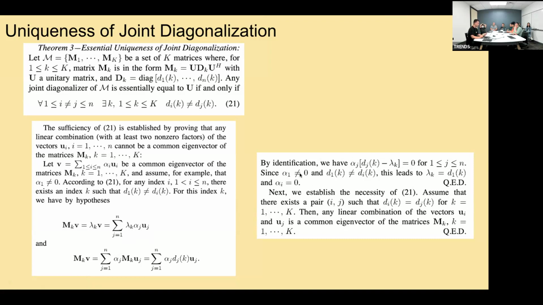They assume A1 does not equal 0, and because they said at least two non-zero factors here, and A1 is not 0, lambda K will equal D1K. So the difference between DJK and lambda K will be 0, which means they are the same. In this condition, this linear mixture will be 0, which contradicts the assumption here.